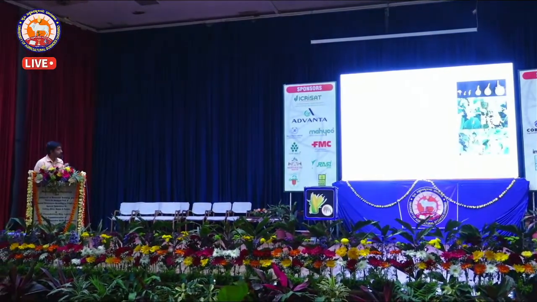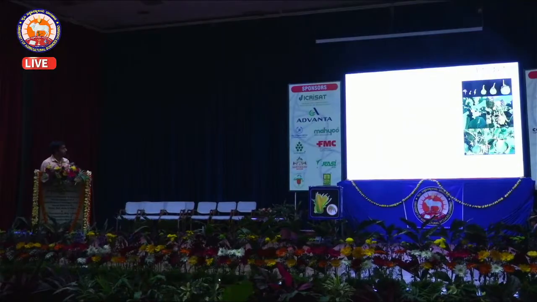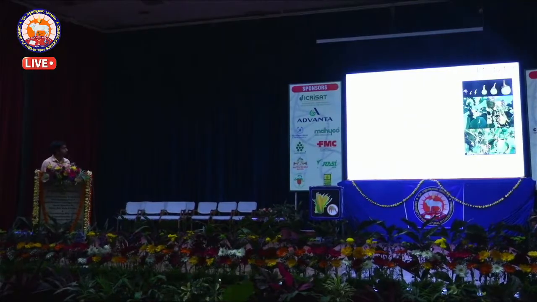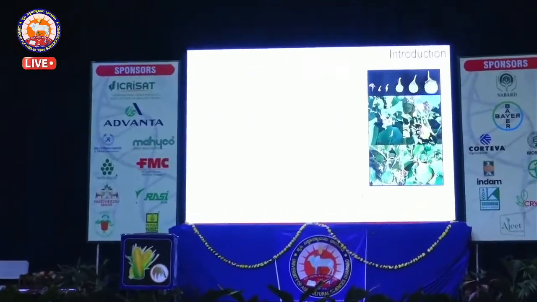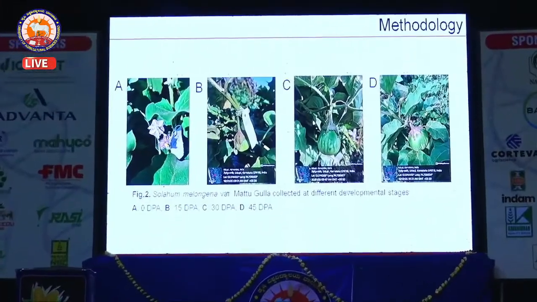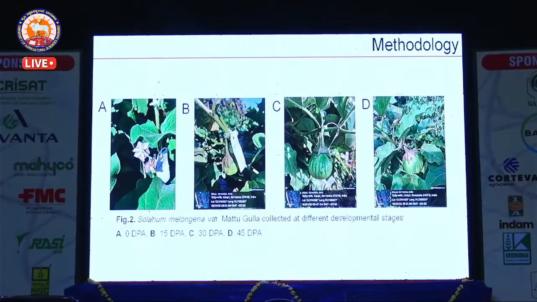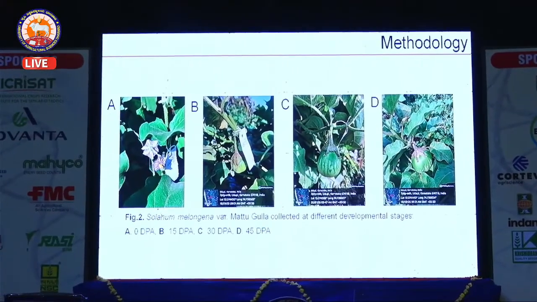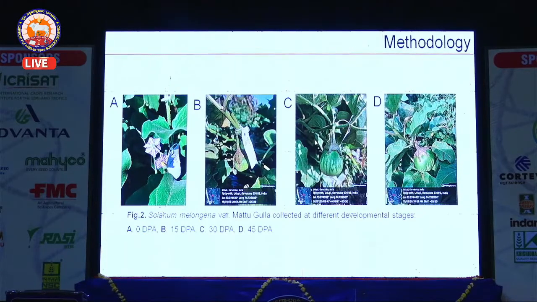This is a special variety called Solanum melongena variety Mattugulla, which is only grown in Mattu village of the Udupi district, and which bagged the GI tag in 2011 from Chennai. For this experiment, we selected 3 fields in which we selected 25 plants. In each plant, we labeled 5 flowers, and later, at time intervals of 15 days, we collected the samples.